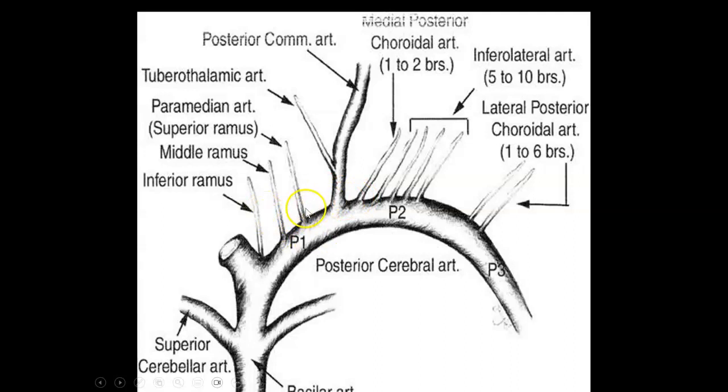Know that from the basilar bifurcation to the PCOM, we have the P1 segment. Distal to PCOM, we have the P2 segment around the cerebral peduncle, and these are the anterior thalamoperforators, and here are the thalamo-geniculate arteries.